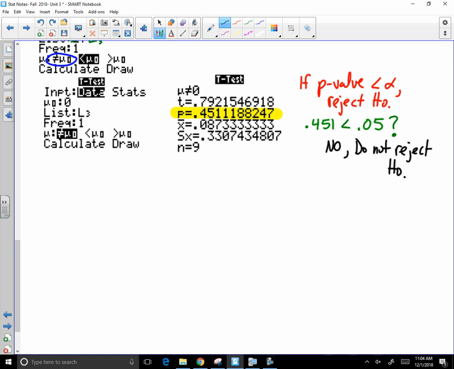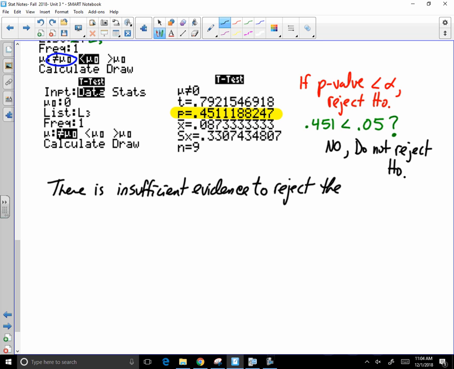So there is insufficient evidence to reject the claim, and we state the null hypothesis in words. So the H0, I'll just write it again. H0 is that mu1 equals mu2.